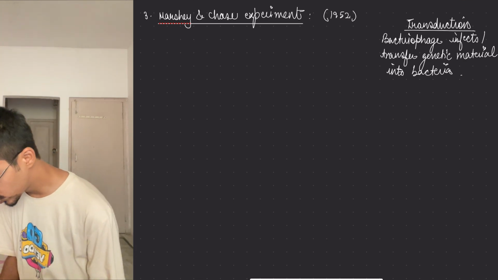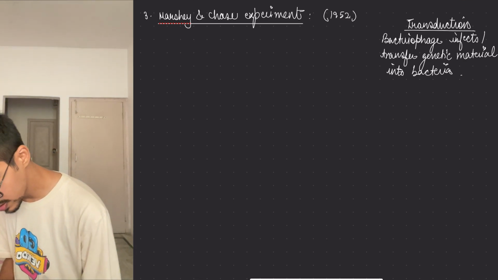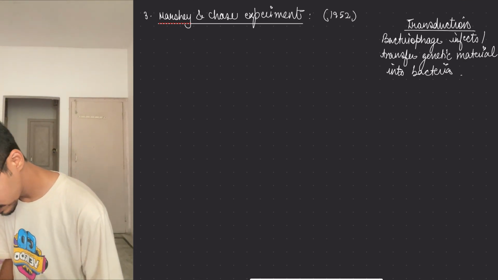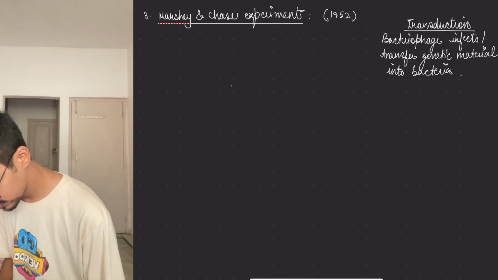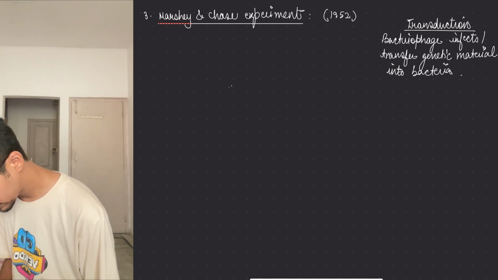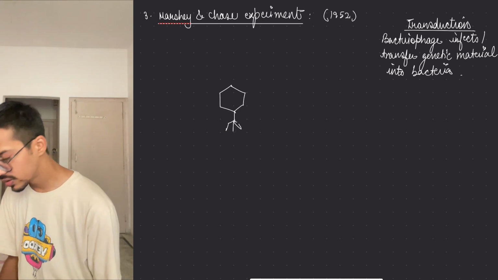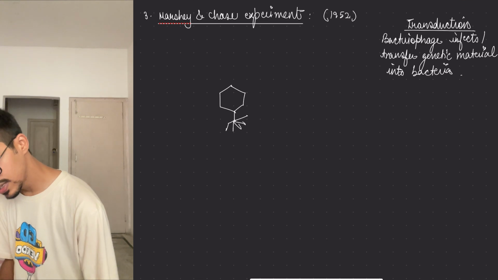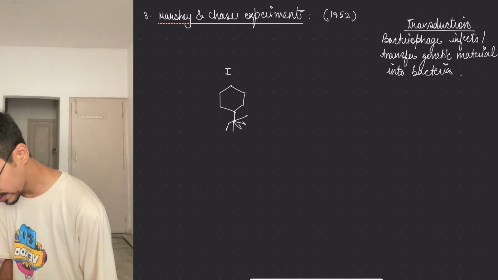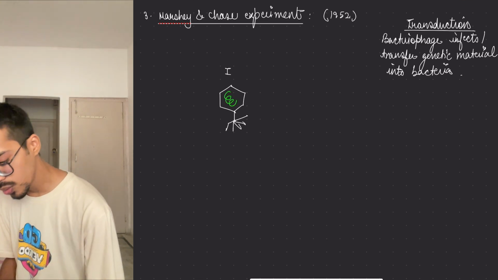So we made two different bacteriophages. This is the first one. In the first bacteriophage, its genetic material is radioactive, so I made it with the green color.